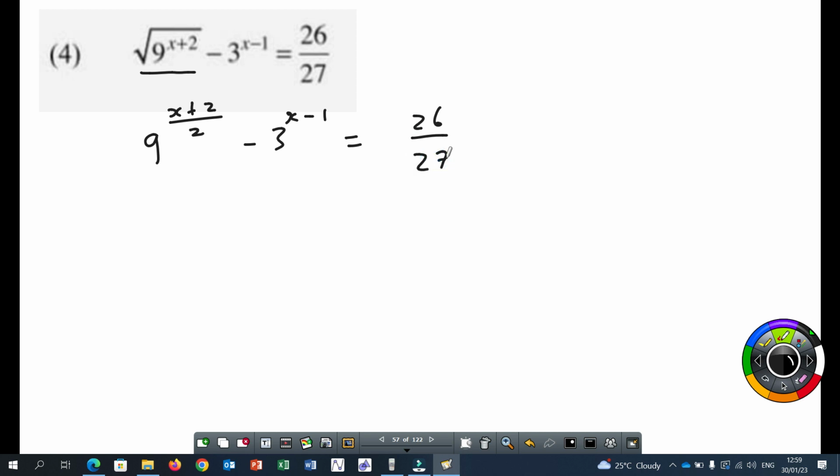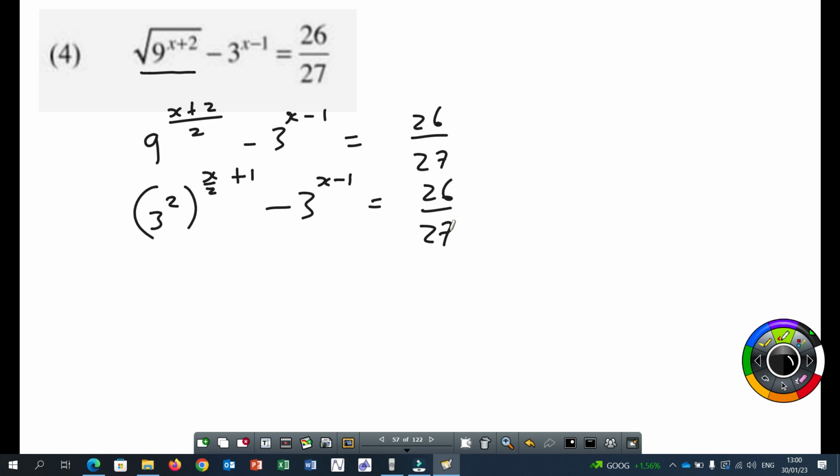Now if you look at this exponential equation, on the right hand side you have a rational number, that is this common fraction here. There is no x on the right. So what that means is on the left hand side, you need to create a common factor and then you factorize. Then you simplify after that. So this can be written as 3 squared to the power of (x plus 2) over 2 minus 3 to the power of x minus 1 equal to 26 over 27.